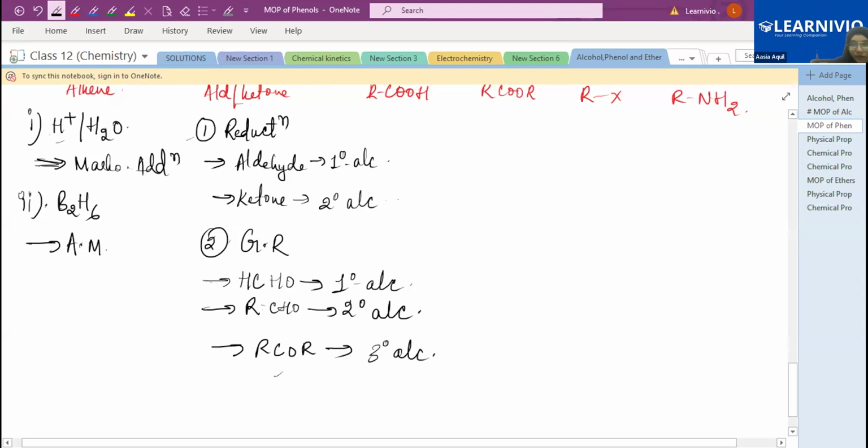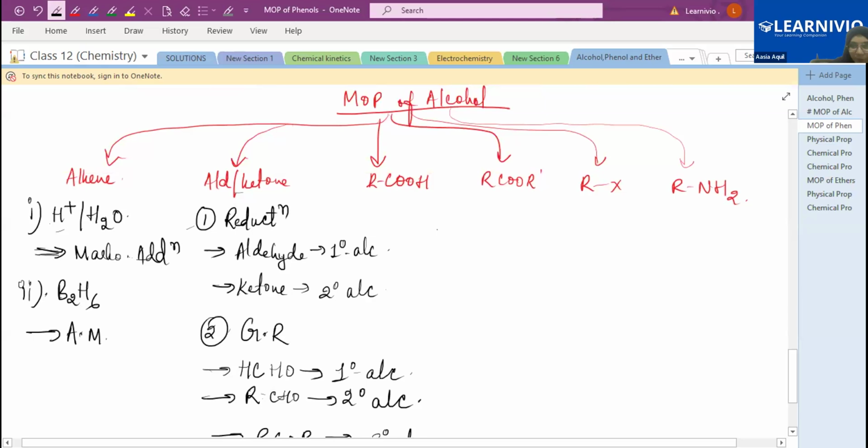Then carboxylic acid. What did we see in carboxylic acid? Only lithium aluminium hydride can reduce carboxylic acid to alcohol. Now ester. What did we see in ester? Lithium aluminium hydride works, because sodium borohydride will not reduce ester or carboxylic acid.